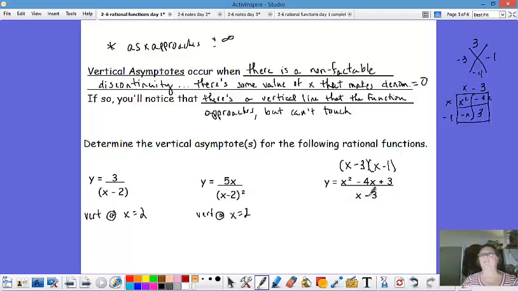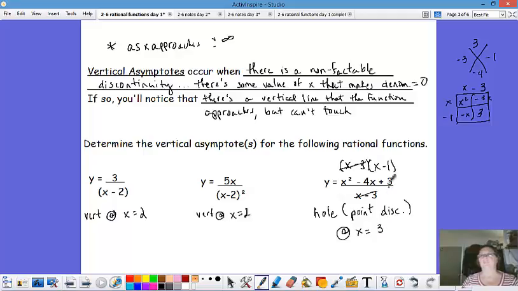And you can see that the quantity x minus 3 factors out of top and bottom. So this is not going to cause an asymptote. Instead, this will have what I would call a hole, or a point discontinuity is the correct term for it, at x equals 3.